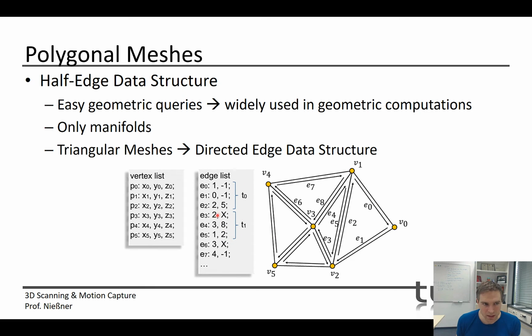I should say this directed edge data structure is only one example. There are a couple of different combinations here. There are even data structures that are not just half-edge, but quad-edge, and so on.